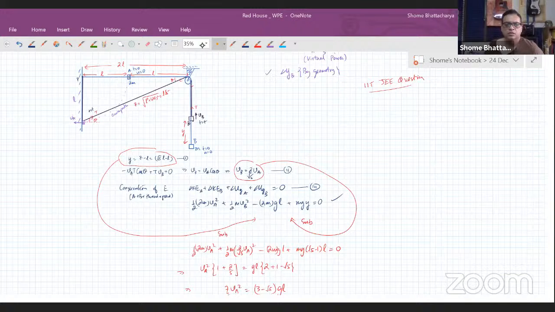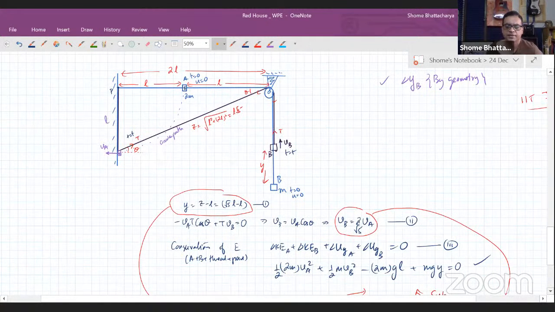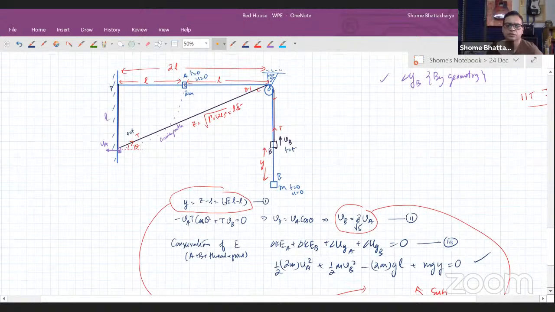Okay. So that's the thing. In both these questions you saw, we have to use thread length conservation to find displacement. And then we have to separately use virtual power to find the constraint relation between VA and VB.